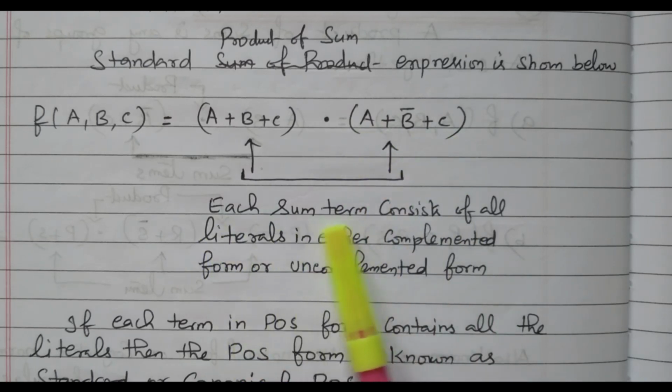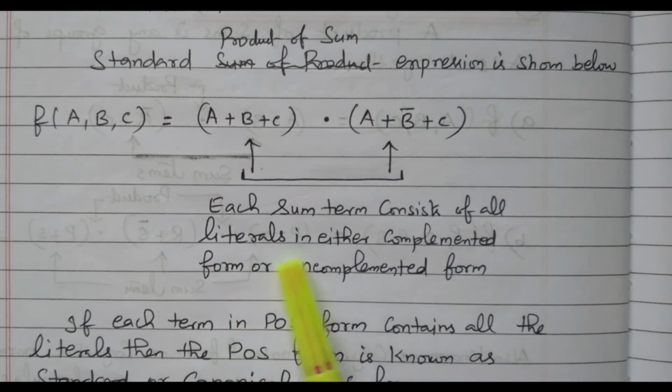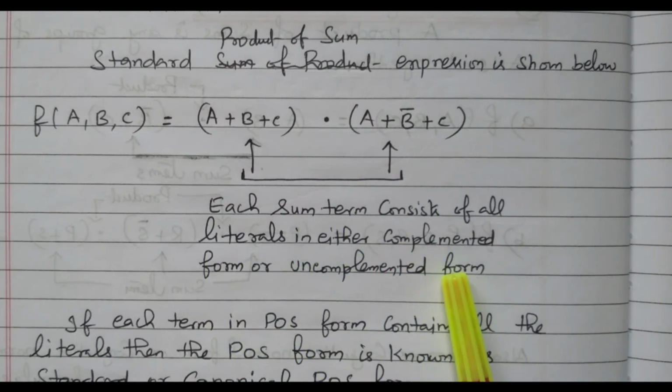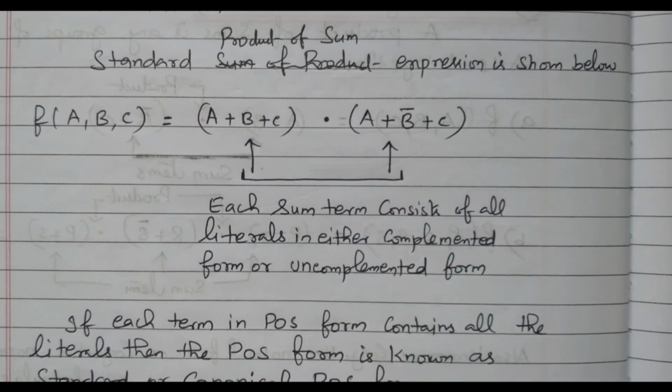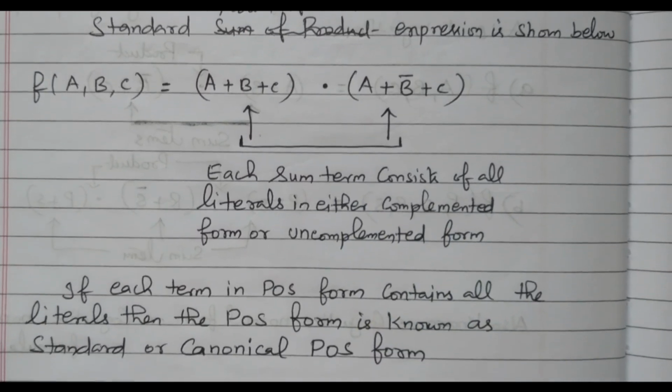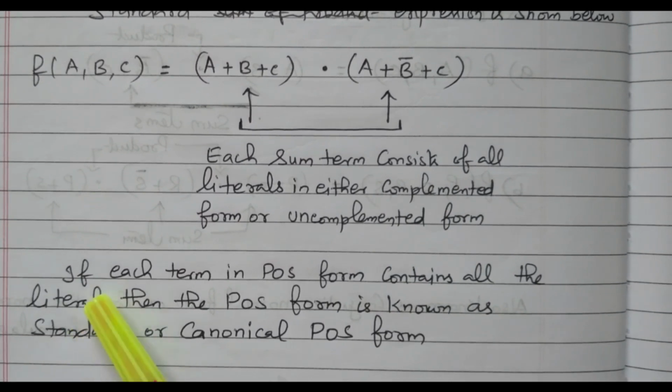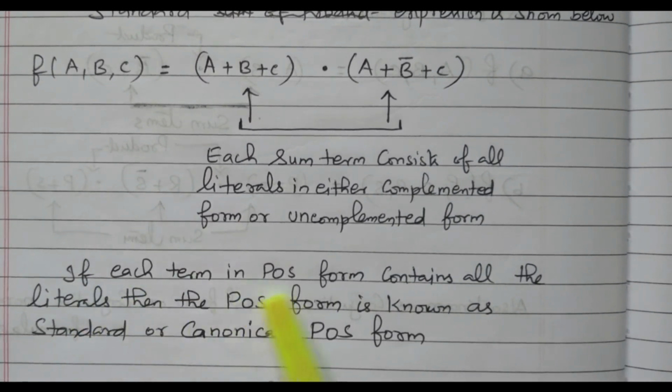So each sum term consists of all the literals, either in complemented or uncomplemented form, and then only it is known as a standard or canonical POS form. If each term in POS form contains all the literals, then the POS form is known as standard or canonical POS form, right?